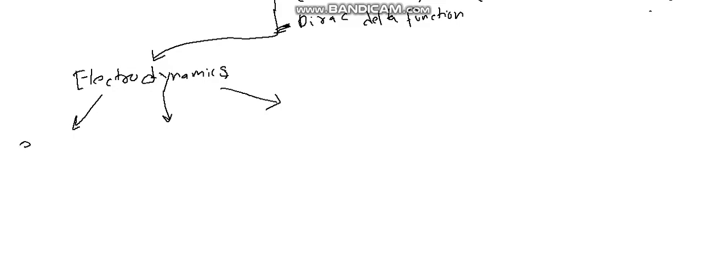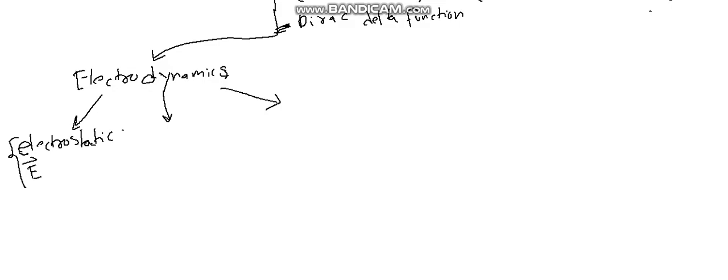First is the electrostatic part. Here, if the electric field of a system is independent of time, then how the entire story of electrodynamics goes on is what we are going to witness in electrostatics.